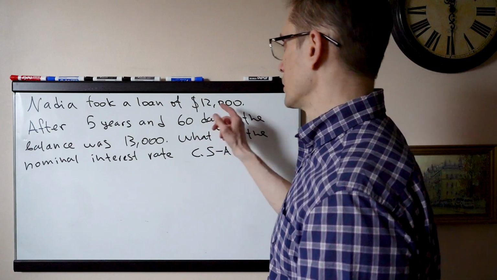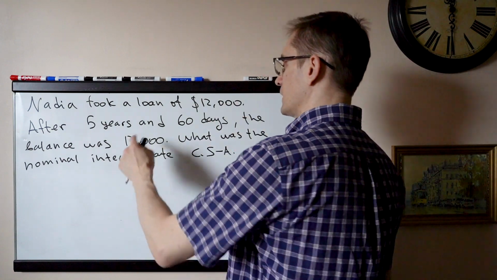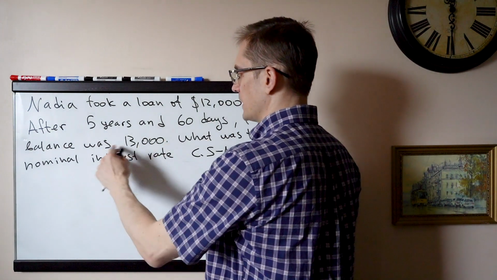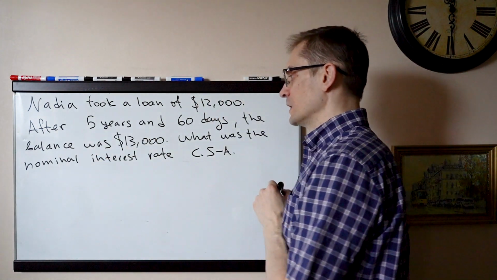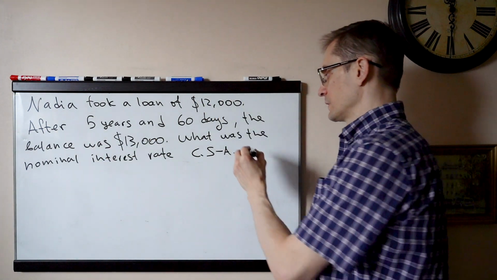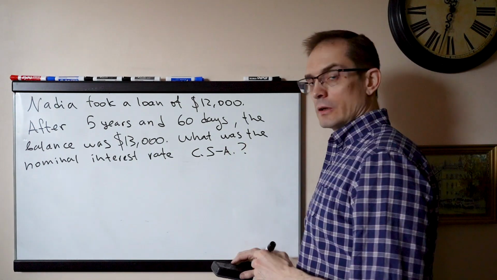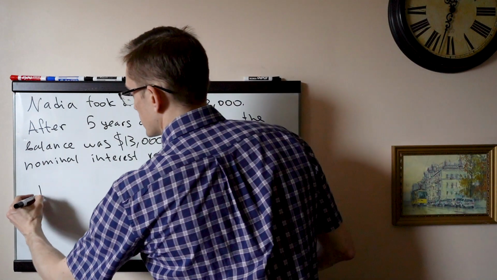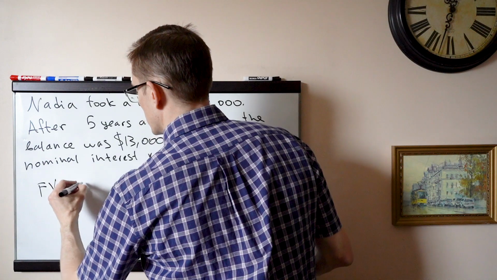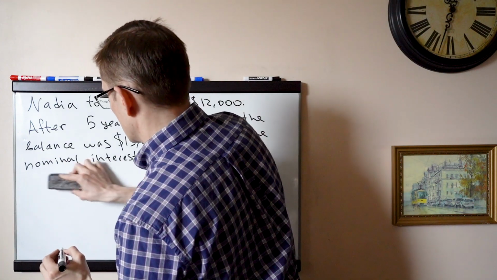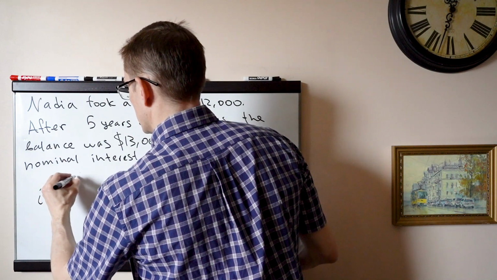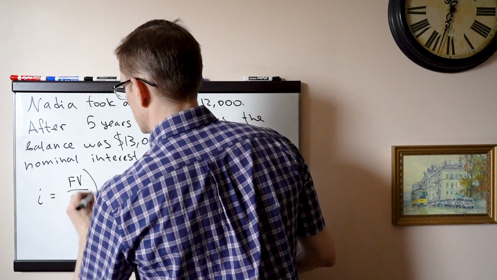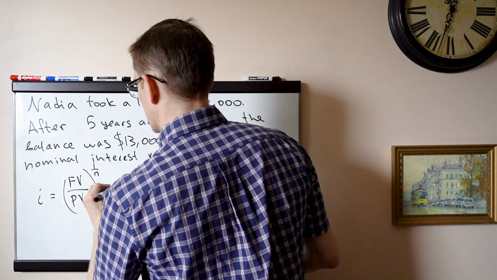So Nadia took a loan of $12,000. After 5 years and 60 days, the balance was $13,000. What was the nominal interest rate compounded semi-annually? Okay, in this problem, we'll use the same formula, which is I equals future value divided by present value, to the power 1 over n, minus 1.